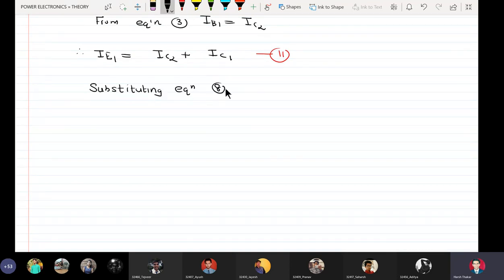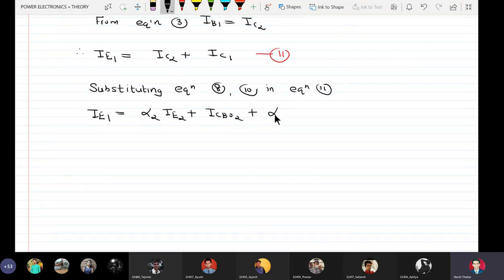Substituting equation number 8 comma 10 in equation number 11, I can say IE1 is equal to alpha 2 IE2 plus ICBO2 plus alpha 1 IE1 plus ICBO1.